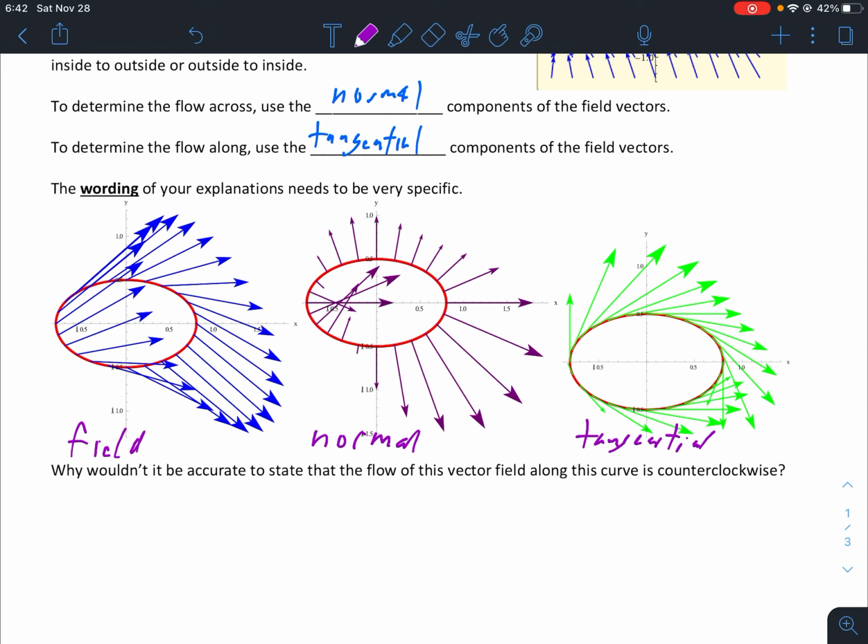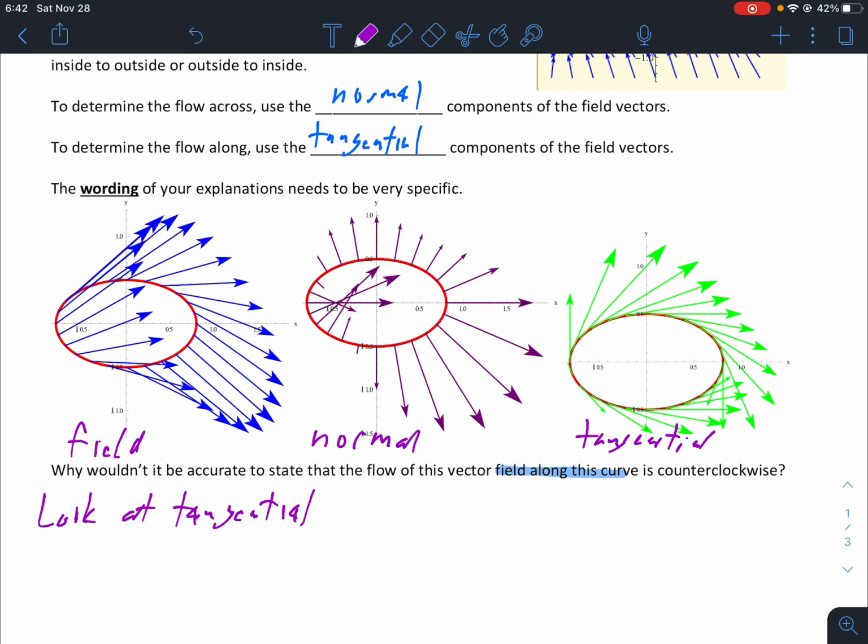It says, why wouldn't it be accurate to state that the flow of this vector field along this curve is counterclockwise? We're talking about flow along the curve, so you should be looking at the tangential graph.